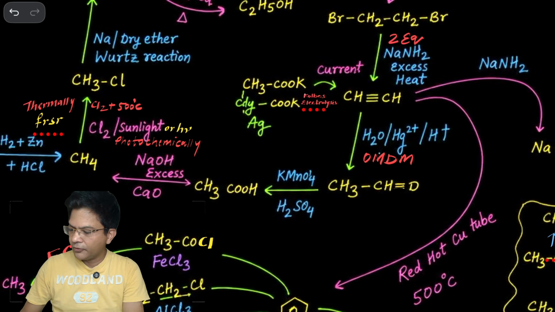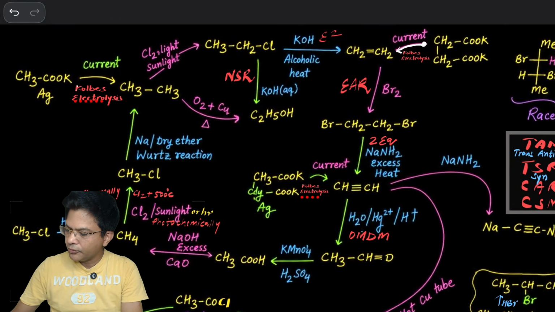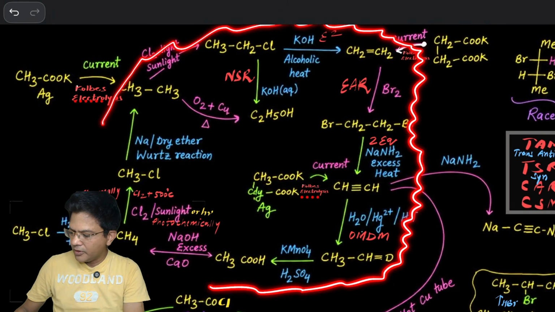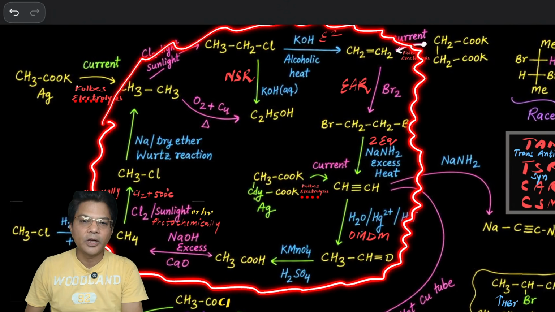First of all, you just focus on this round circle. That is your target. First complete this round circle. If you really want to get marks in your NEET or any other examination, always try to complete this circle.